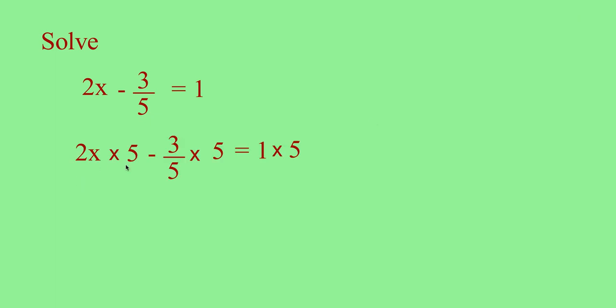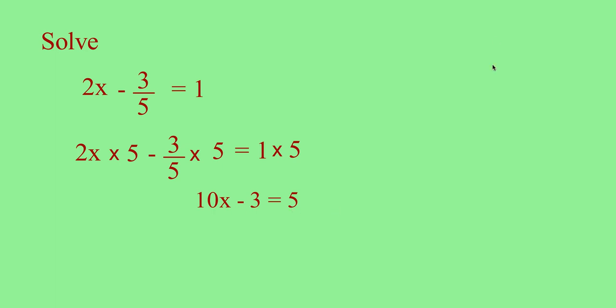So we can write 2x into 5 minus 3 by 5 into 5 is equal to 1 into 5. Now here 5 and 5 will be cancelled. So we get 10x minus 3 is equal to 1 into 5, that is 5.